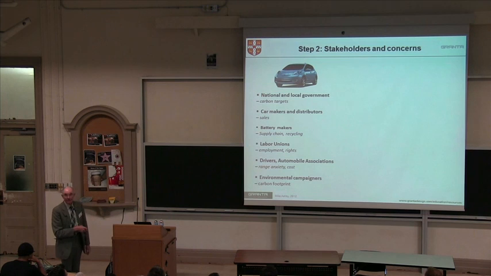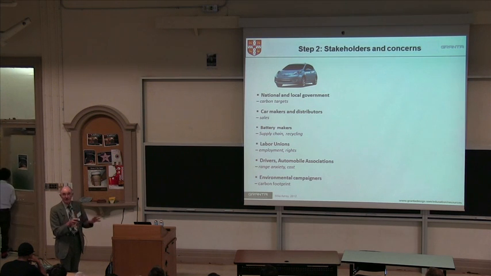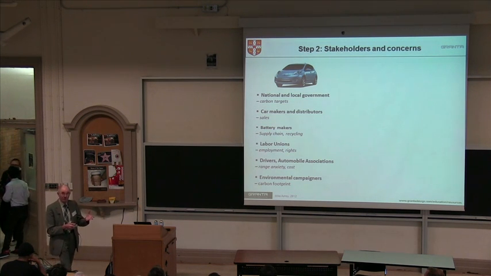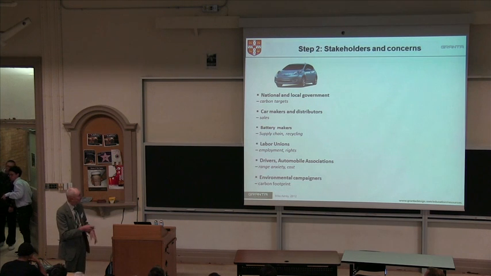Car makers, well, primarily they're worried about sales. Battery makers, well, they can see a large market there, but there's a supply chain problem. If you are going to make that many cars with that many batteries, where are the ingredients going to come from? There's quite a few rather difficult elements in batteries.